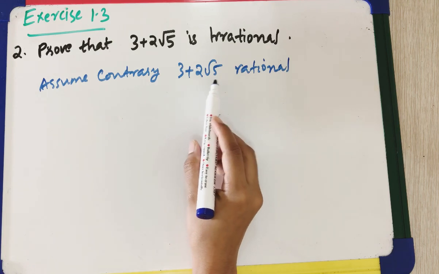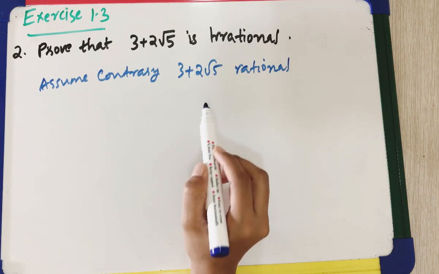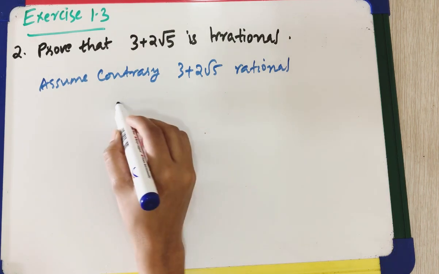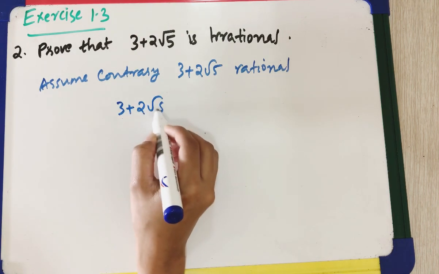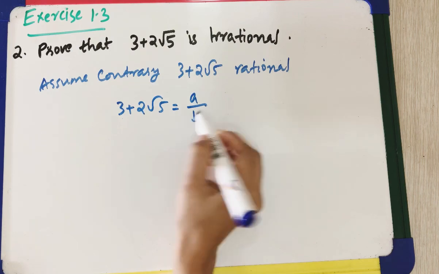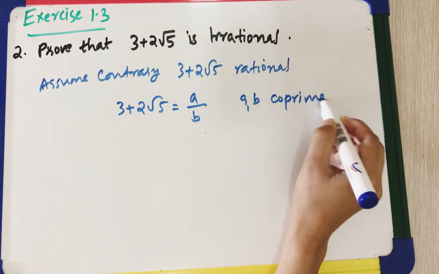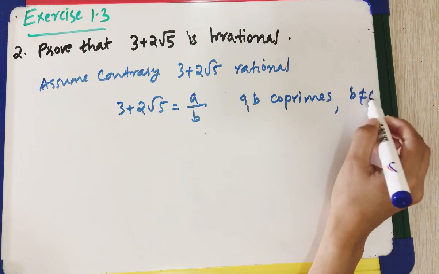If 3 plus 2 root 5 is rational, we can find coprimes a and b with b not equal to 0 such that 3 plus 2 root 5 is equal to a by b. A and b are coprime, also b not equal to 0.